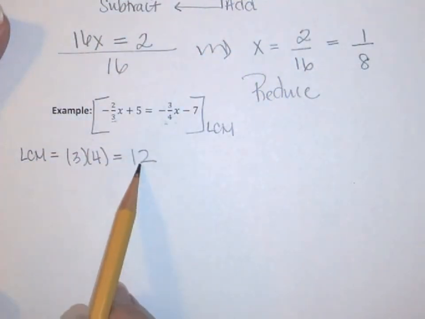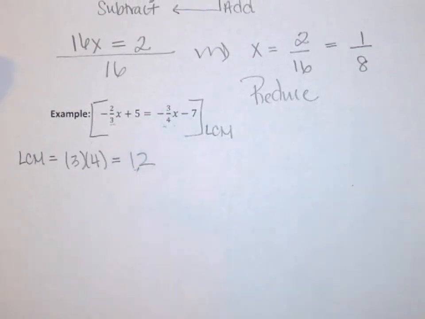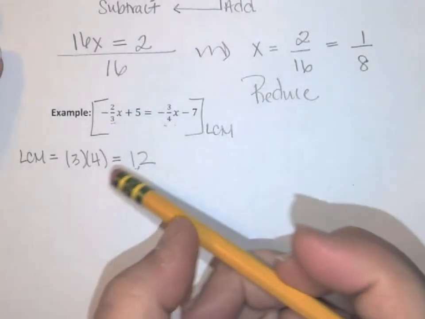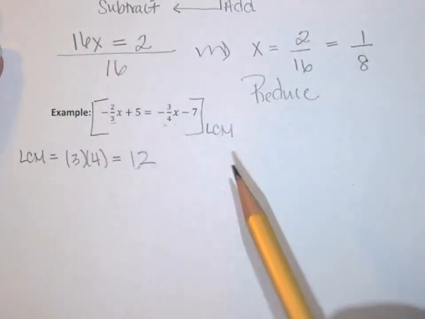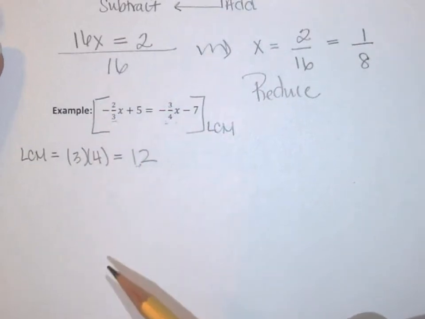Now, this value is either going to be the smallest or it's just going to be a value in common. In this case, because of 3 and 4, 12 ends up being the least common, so it fits the bill. Which means I'm going to take this entire equation and multiply it by 12.